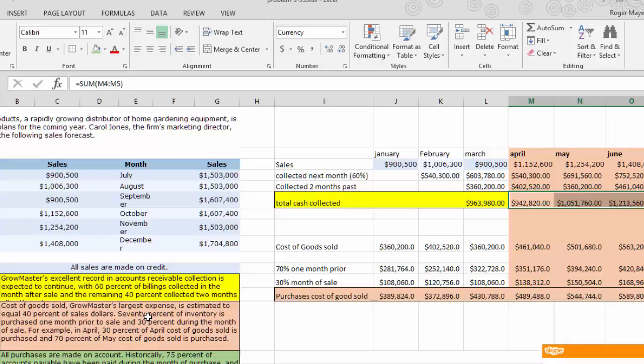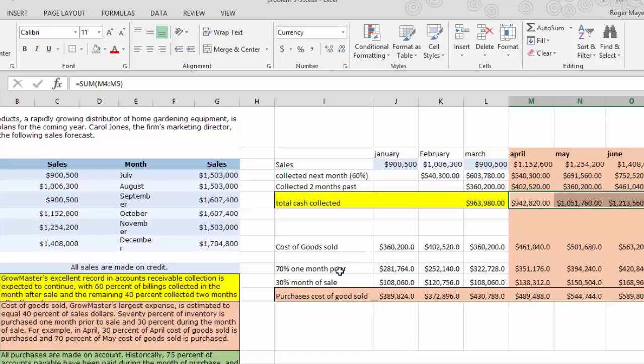Growmaster's largest expense is estimated to be equal to 40% of sales dollars. 70% of inventory is purchased 1 month prior to sales and 30% during the month. For example, in April, 30% of April's cost of goods sold is purchased and 70% of May's cost of goods sold is purchased.